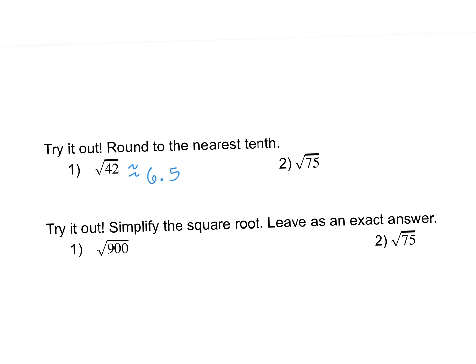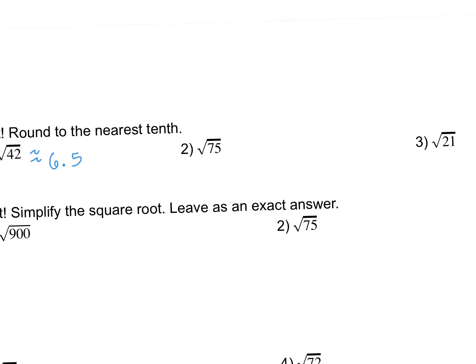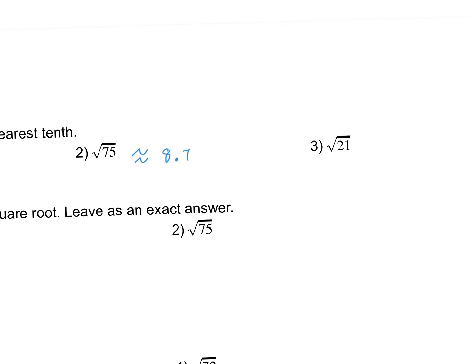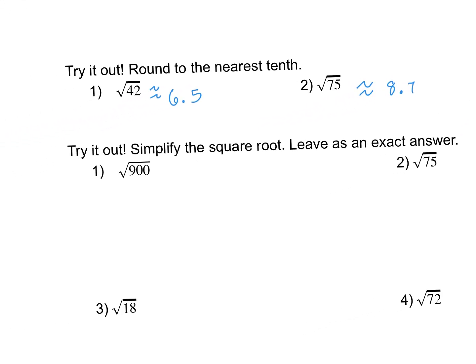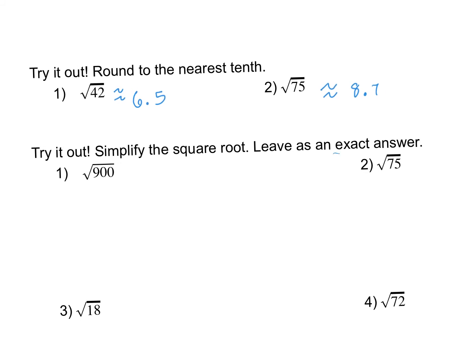The next one, the square root of 75, should give me about 8.7. The square root of 21 should give me about 4.6.